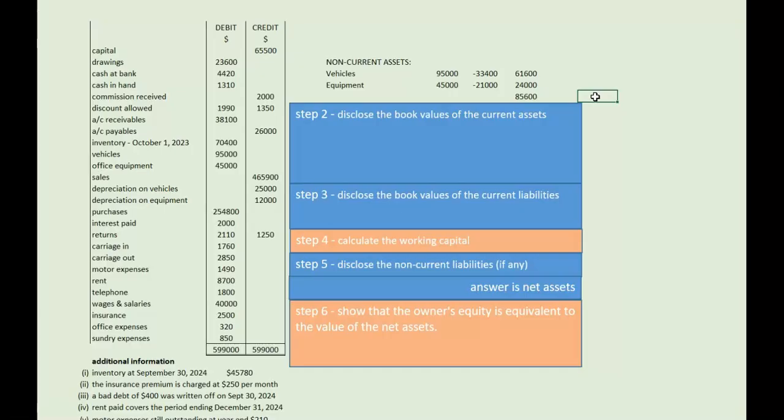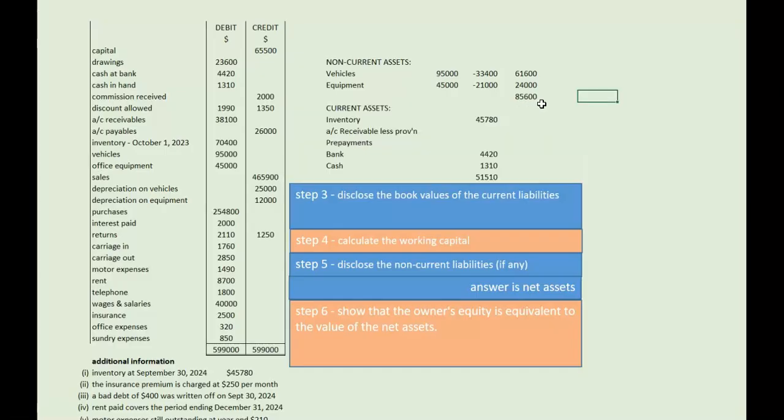Next I go to step 2, which is to get my current assets. So the current assets, remember, are those resources that I don't plan to keep for a very long time. I've listed out the current assets that are stated.